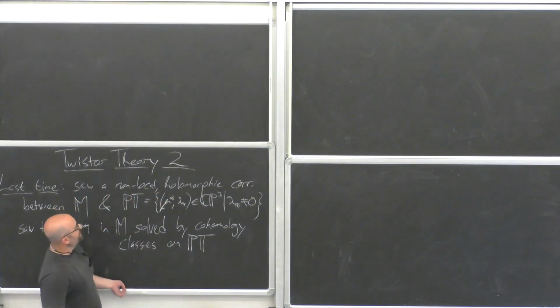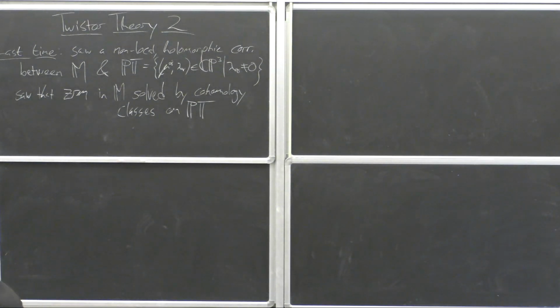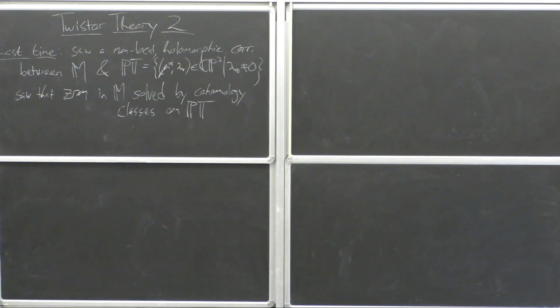And I think we even had time to give an example of this for momentum eigenstates, like a positive helicity graviton. Okay, so today I'm going to change gears a little bit and try to convince you that there's some natural relationship between Twistor theory and the Penrose transform and structures that we're familiar with from the conformal compactification of Minkowski space.